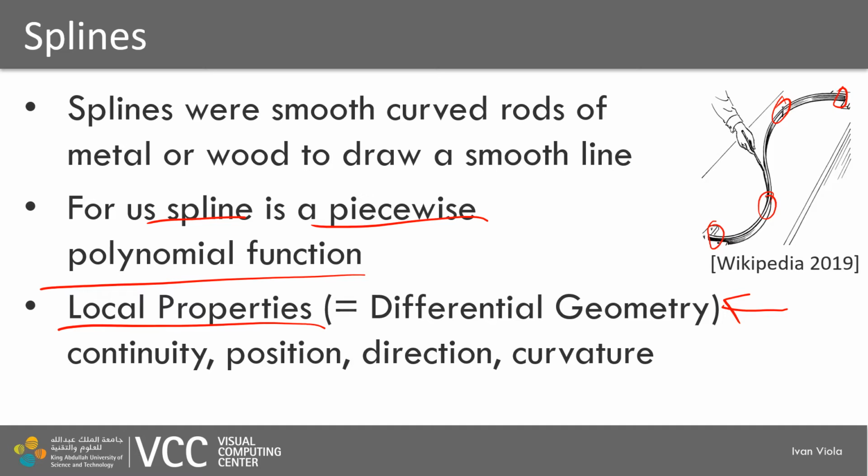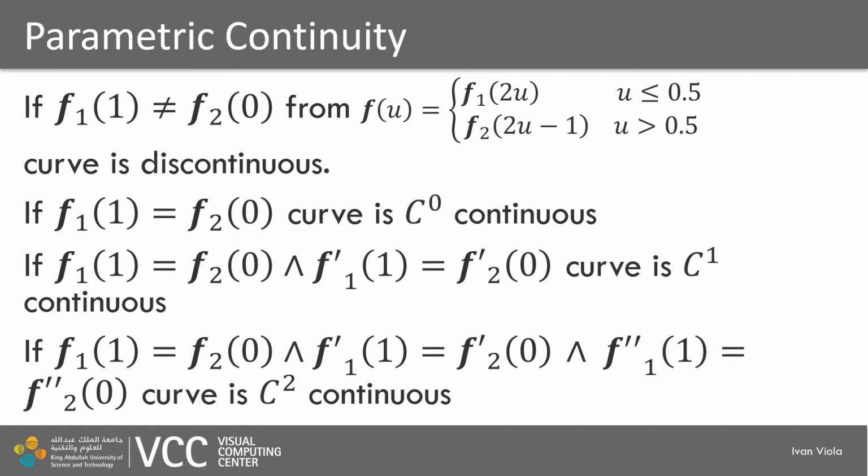The local properties define per-point continuity, whether the function is continuous at a particular position. They define the position or the derived attributes such as the direction or the tangent or the curvature, etc. So for a piecewise polynomial representation, we need to secure the continuity across the connection point, where the parameter is changing from one functional description to another one.